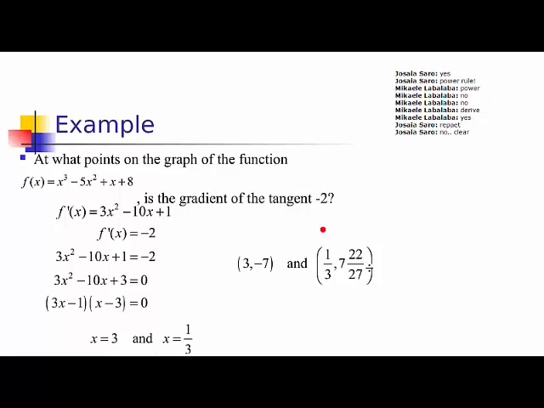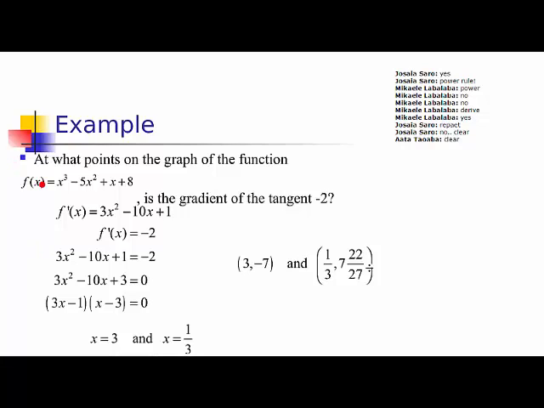Or anyone still confused? Is the question clear to you? Good. So now we know the question. Now how are we going to solve it? First of all, we know one thing. When we differentiate a function, we get a gradient.